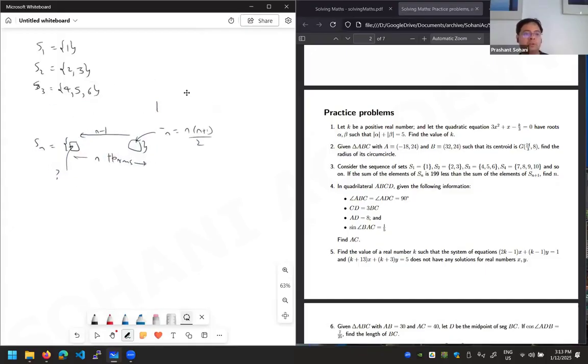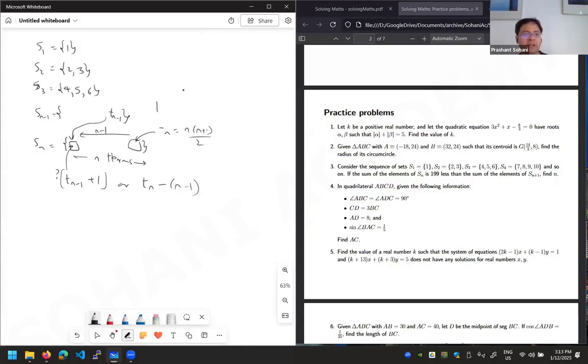The last term of the Sn minus 1 bracket was the n minus 1 triangular number, so this will be the number after that. Therefore, this first term is Tn minus 1 plus 1, or you can also write it as the last term minus n minus 1. Both of them will give you the same answer.